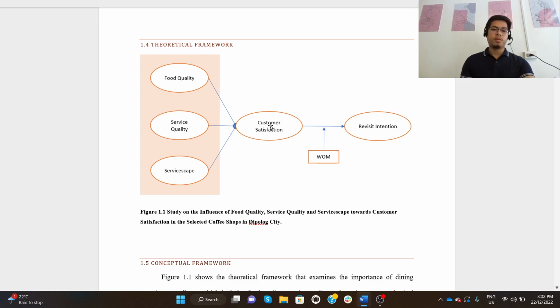So this is the proposed theoretical framework. So you can see here we have the food quality, service quality, and the servicescape, which will lead to customer satisfaction and will eventually cause revisit intention. And there's the mediator, which is the word of mouth.